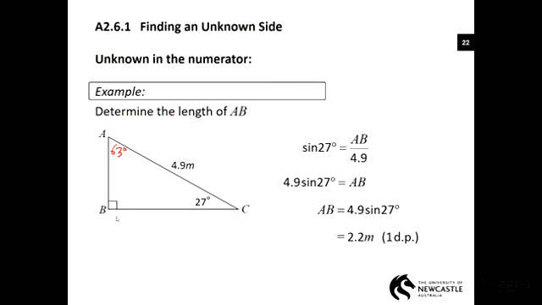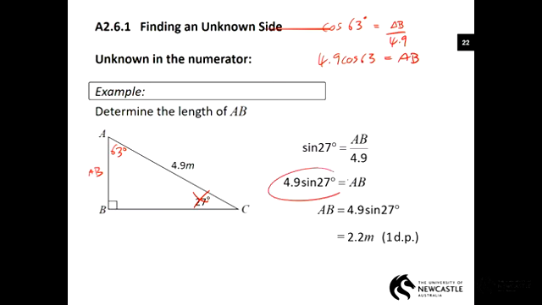You're saying, which should I use? I could use cos if I want. I could say cos of 63 degrees, and cos CAH, is equal to the adjacent, which is AB, over the hypotenuse, which is 4.9. Times the 4.9, so 4.9 cos 63 equals AB, which looks totally different.